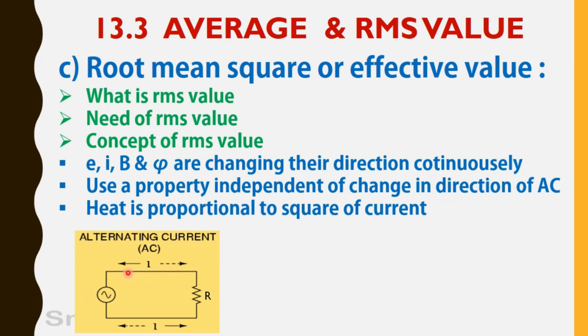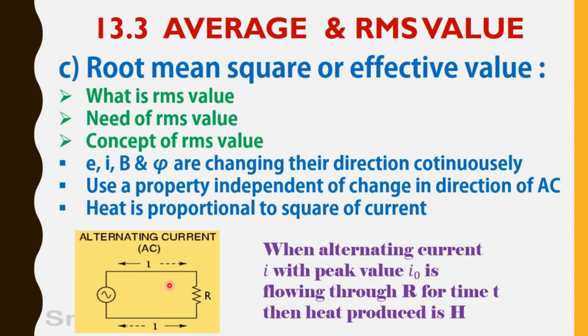It is changing continuously. Now here, for the time being, I say that the current flowing through this circuit is I = I0 sin omega t. When alternating current I, which is I0 sin omega t, means its peak value is I0, is flowing through this R for time t, then the heat produced is H.